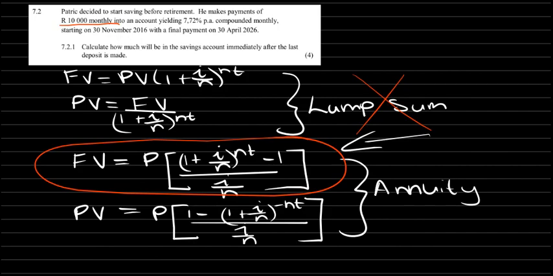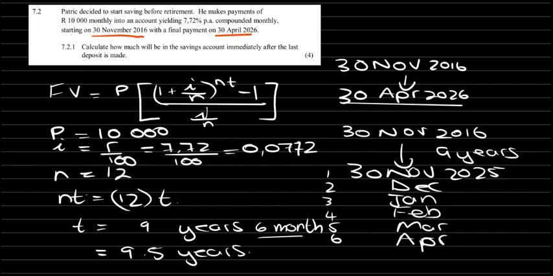The next challenge is calculating the time that has passed between the two dates. Sometimes it's simpler when it starts and ends on the same month, then your years are a nice round number. Otherwise, you have to calculate the months as well and convert that to a decimal so that you have the full year.